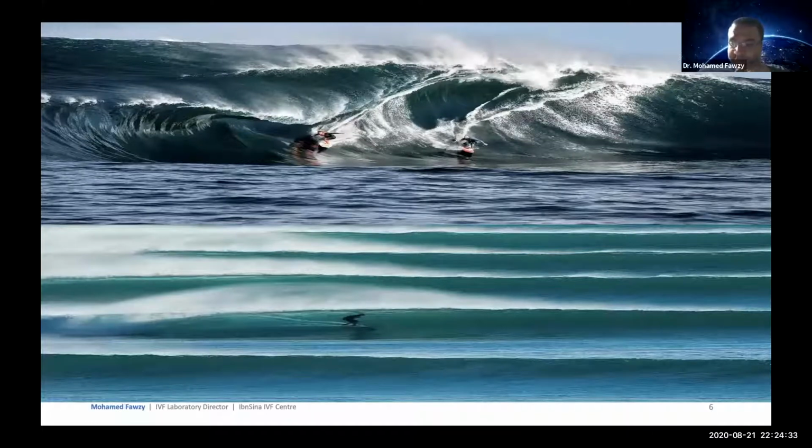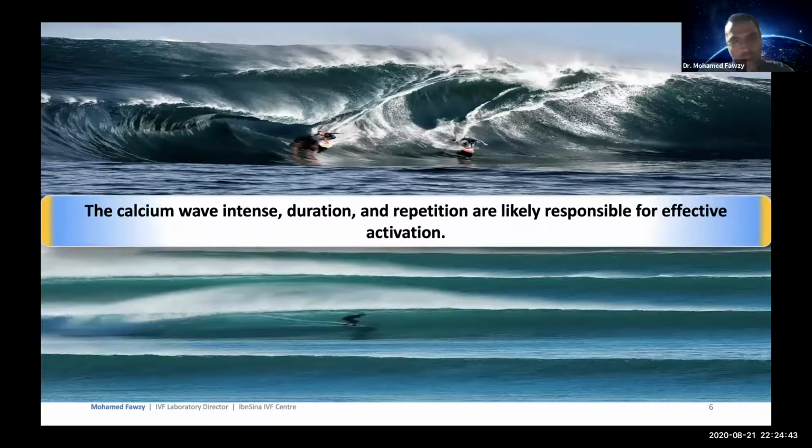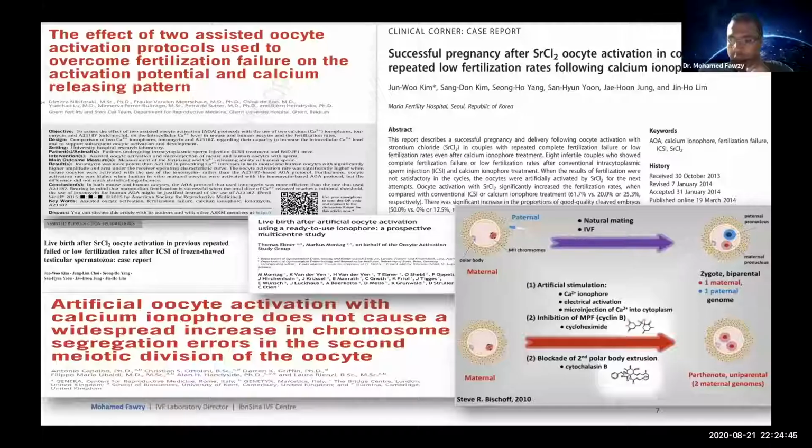In animal models, the duration, amplitude, and frequency of calcium affect normal oocyte activation and embryo development. Whenever the physiological mechanism is impaired, artificial oocyte activation can rescue the fertilization and the downstream events.